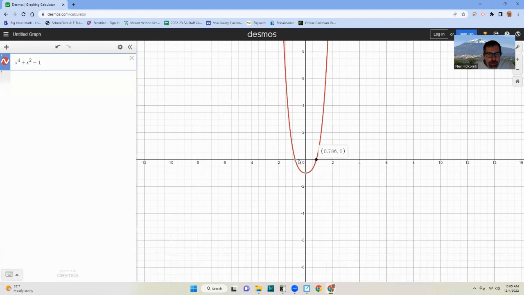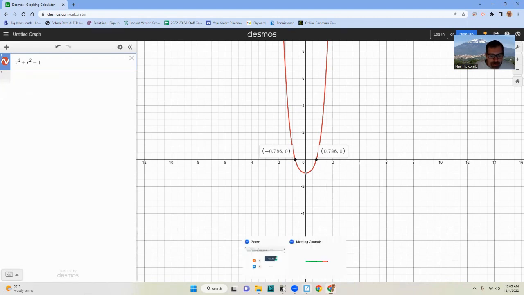This point here would end up at here, and the rule says that x comma y becomes negative x comma y. So if I pick this point, say like right there, 1.34 comma 4.02 would become negative 1.34 comma 4.02 if I were able to click on that exactly. Okay. So this is a reflection across the y-axis.